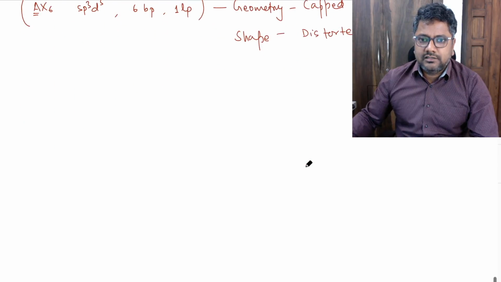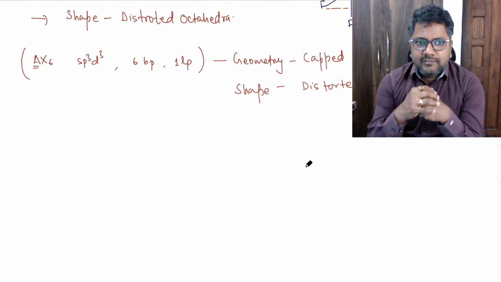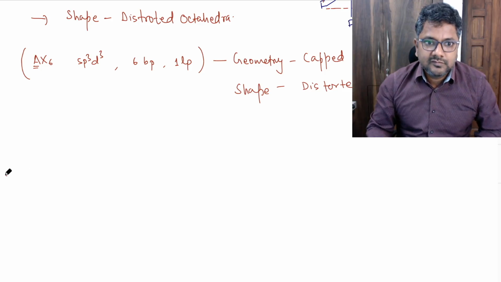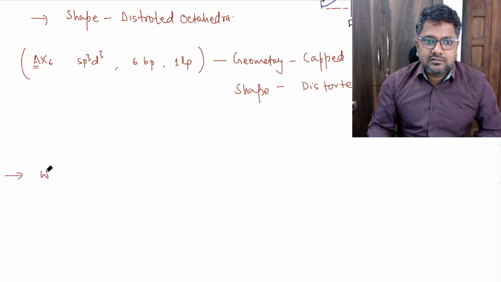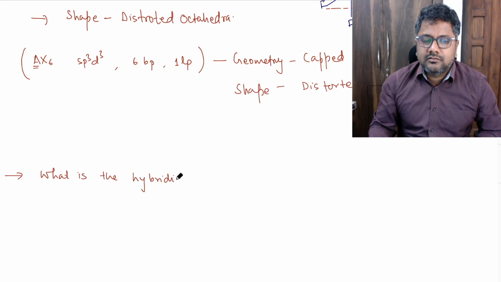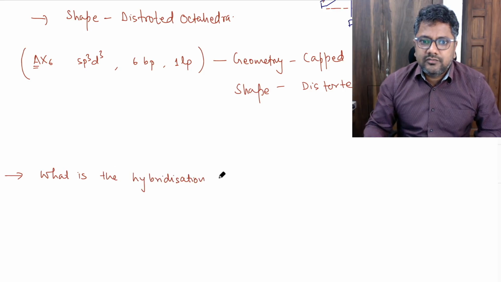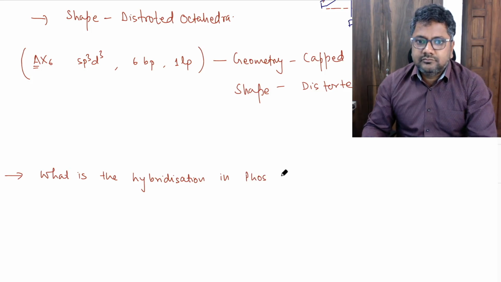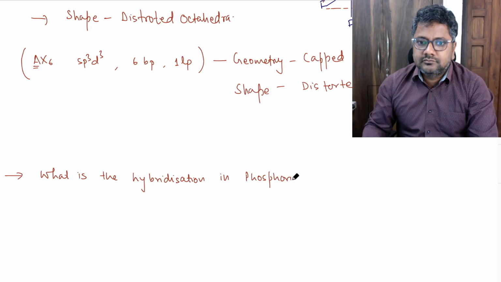So now see, sometimes it is asked: what is the hybridization in phosphorus in PCl5 solid?